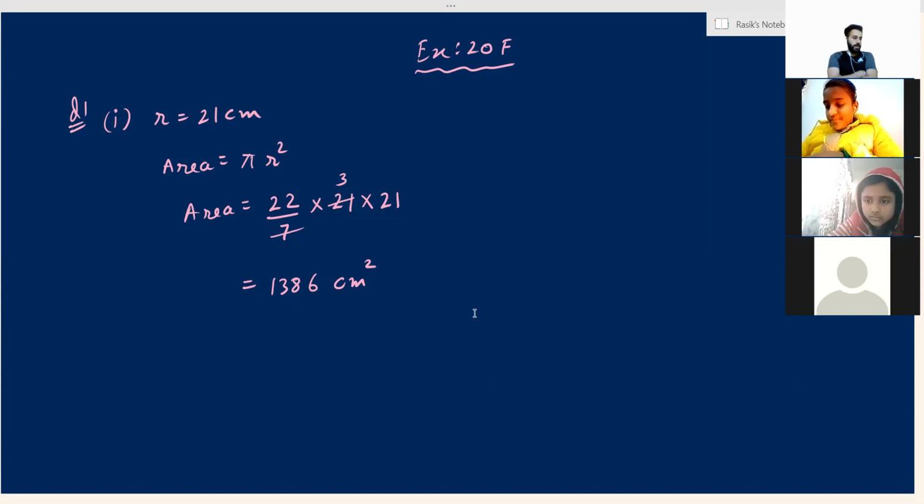Find the radius first and then find the area. Do the first part of question 2.